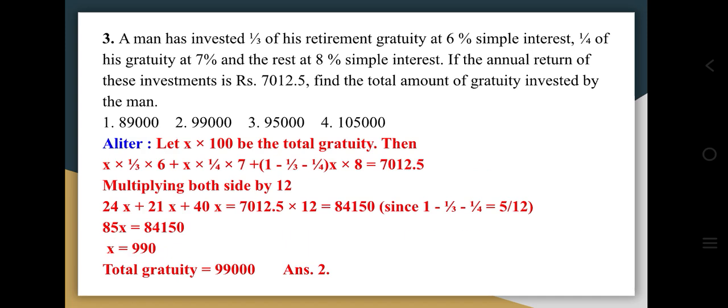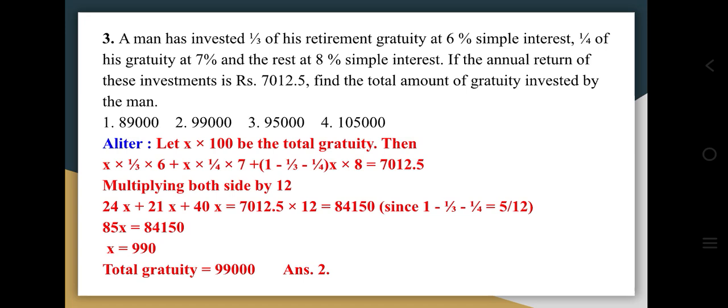We do the same in another way. We take the total gratuity as X. But since the interest rate is 6%, we take X into 100 as the total gratuity.